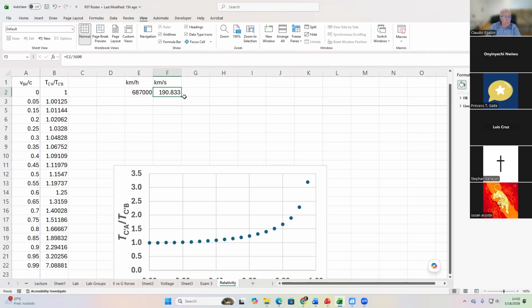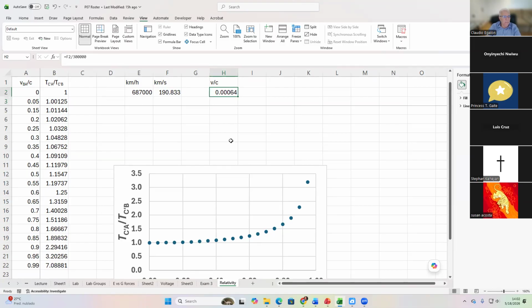At this highest speed of a macroscopic object, here goes v divided by c. I'm going to divide my 190 kilometers per second by 300,000 kilometers per second. It's very small. It is less than a tenth of a percent.